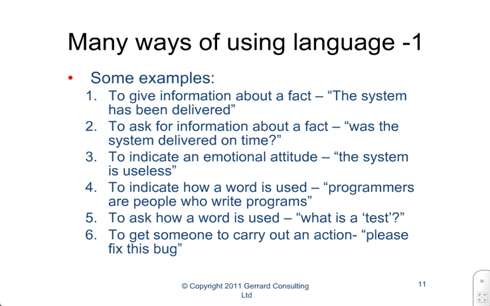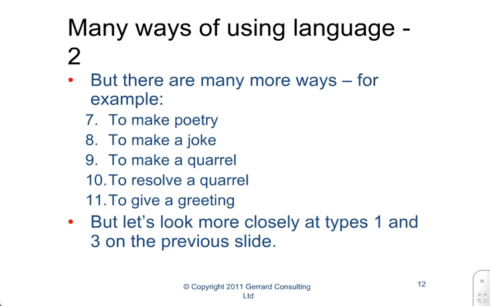We can ask how a word is going to be used, and we can get someone to carry out an action. So all of those uses of language are very familiar to us. There are a few others, though, as well: poetry, jokes, quarrels, and to give a greeting, as we did at the beginning of this webinar. We're going to look more closely at 1 and 3, so that's giving information on a fact and emotional attitudes.